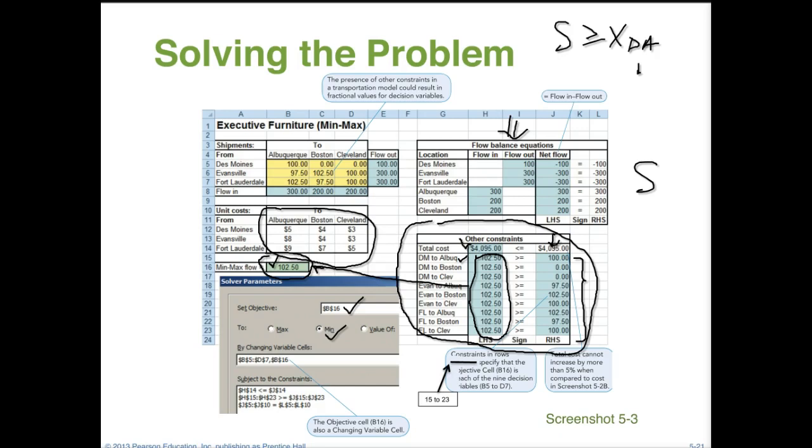So we're trying to minimize that amount, but at the same time, maximize the amount that we can send. Okay. And of course, these are all of our constraints down here, which is basically your flow balance equations. Sorry, not your flow balance equations. So let me get rid of some of this.